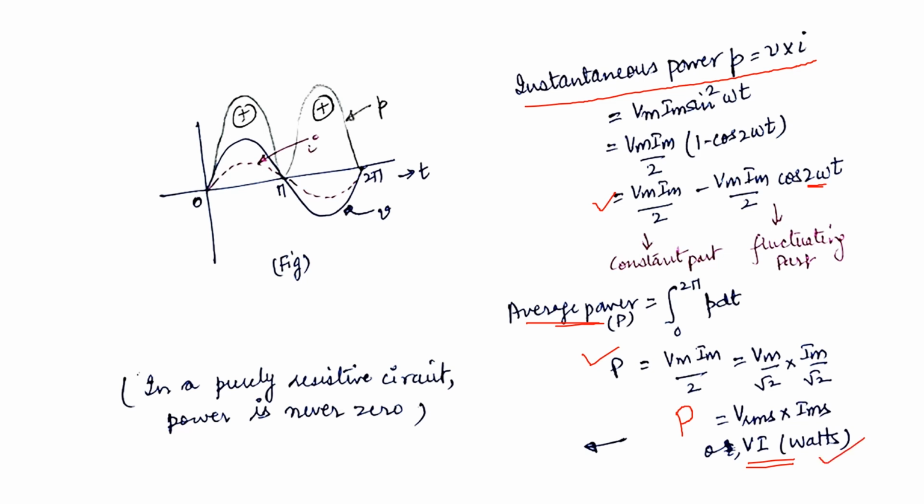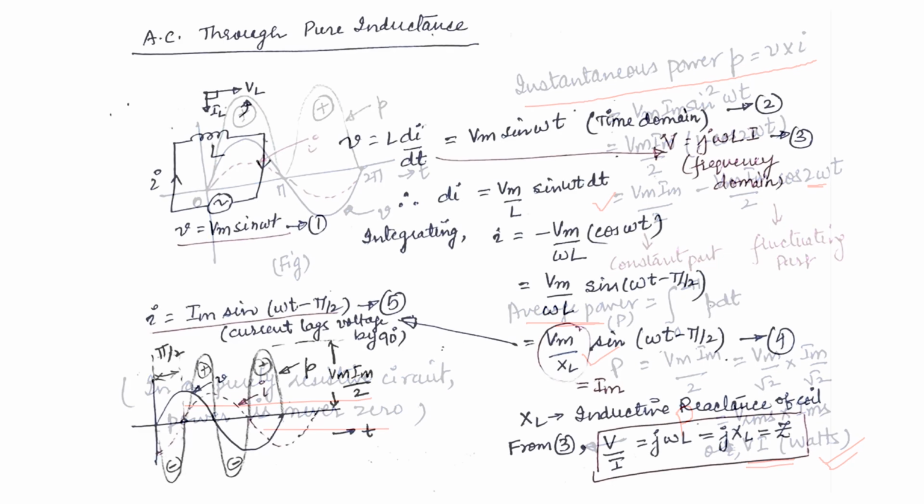The unit of this power is watts. So what we can infer here is that for a purely resistive circuit, power is never zero, and we get the power P equal to VI watts. So basically it's the resistance which is consuming power when an alternating voltage is supplied to it.